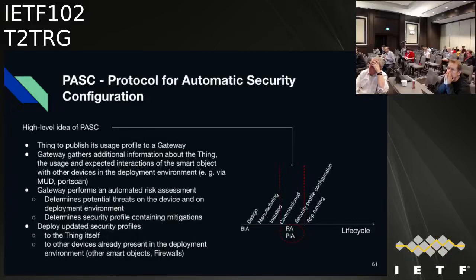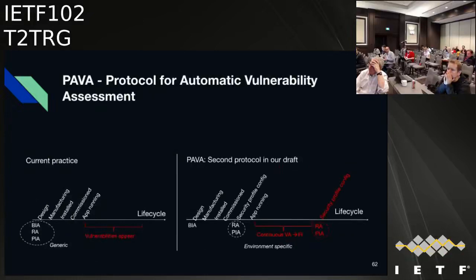And then the second protocol that we have in mind, can you go to the next slide, please? It's called PAVA. So it's a protocol for automatic vulnerability assessment. And the current practice is, well, you have a smart home and maybe there is a vulnerability in a specific device, but you cannot do anything today, right?